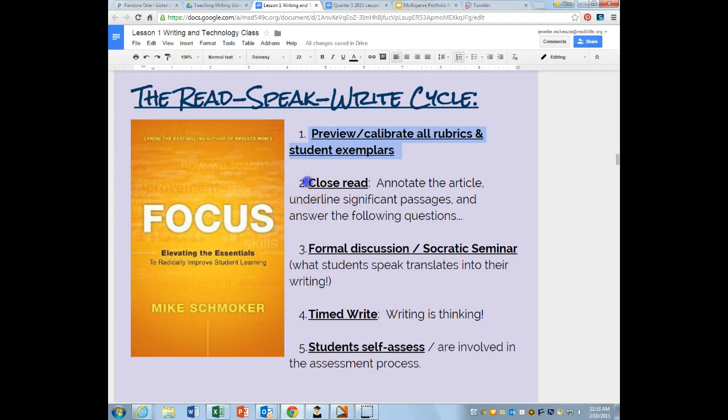Then you go through the read, speak, write process where you're closely annotating texts. You then use formal discussion or Socratic seminar to ensure that students understand the text. Then you have them turn around and write. At the very end, you involve students in the assessment process again by having them help score what you just asked them to write.